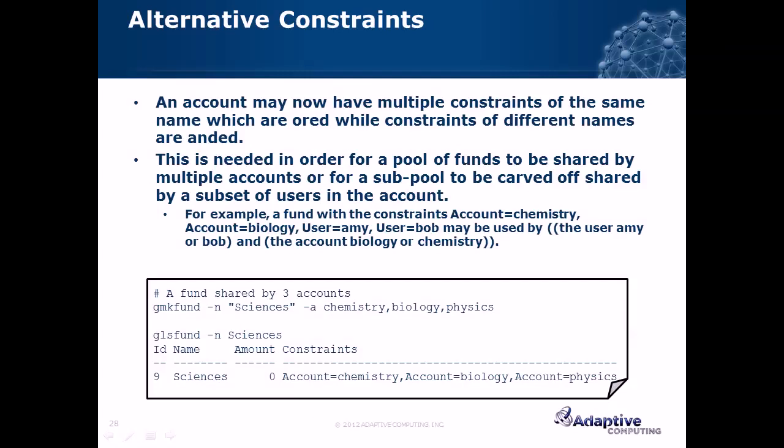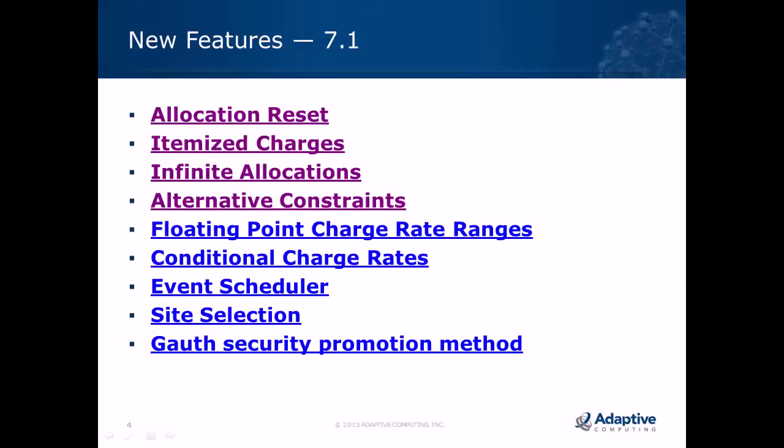So now, if you have constraints of the same name, like account, so here's an example. Constraints of the same name are ORed, and constraints of different names are ANDed. So if you say account equals chemistry, account equals biology, user equals Amy, user equals Bob on a fund, those are the constraints. It would be used by the user Amy or Bob, and the account biology or chemistry. So it just gives you more ability to do sharing of your resources, of your funds.